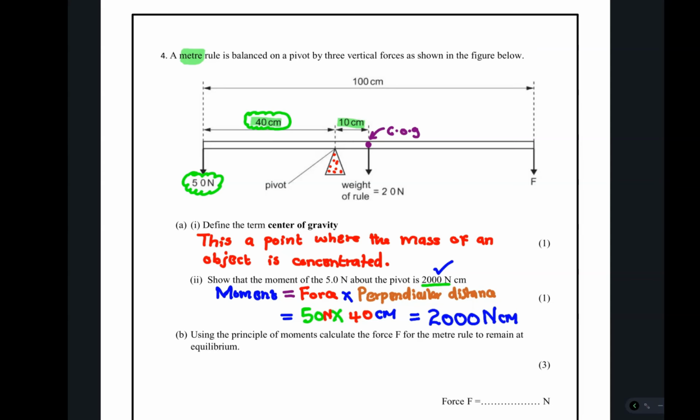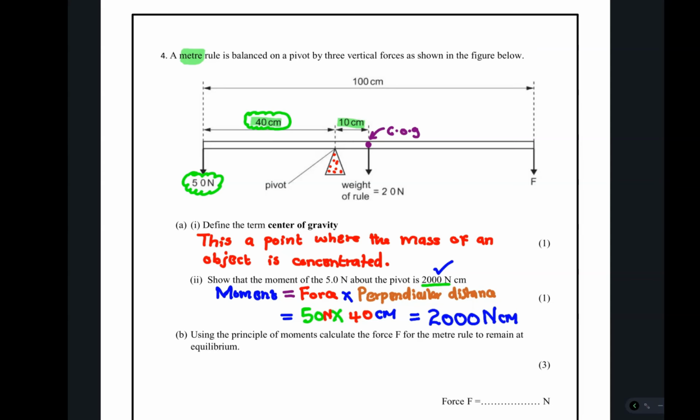So if we want to work out the moment due to these forces, we are going to say clockwise moment equals anti-clockwise moment. Now, at equilibrium, at balance, the two moments must be equal.